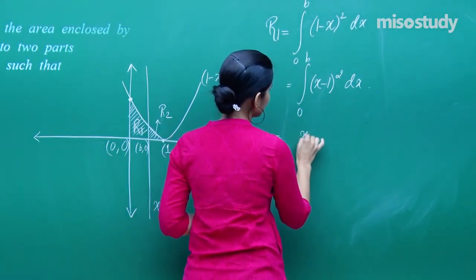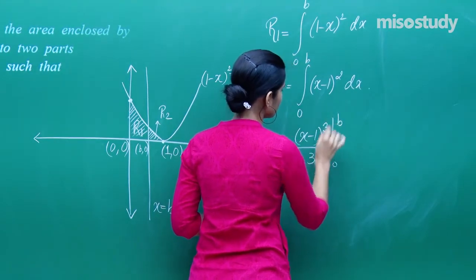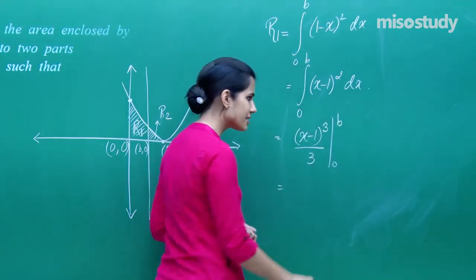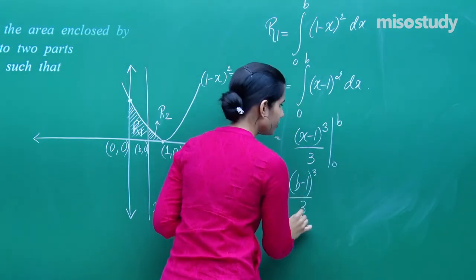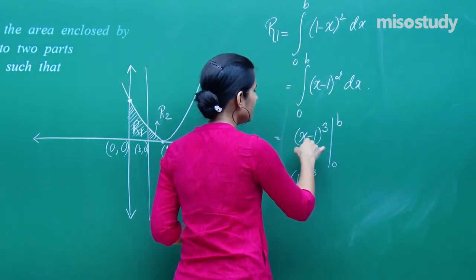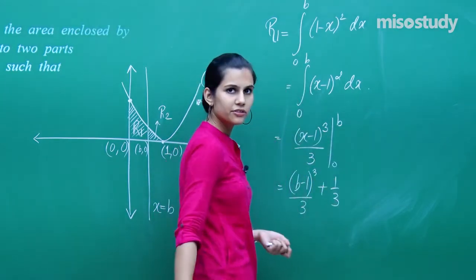You are going to get x minus 1 whole cube by 3 from 0 to b, which gives b minus 1 whole cube by 3 minus minus 1 cube by 3, which is plus 1 by 3.